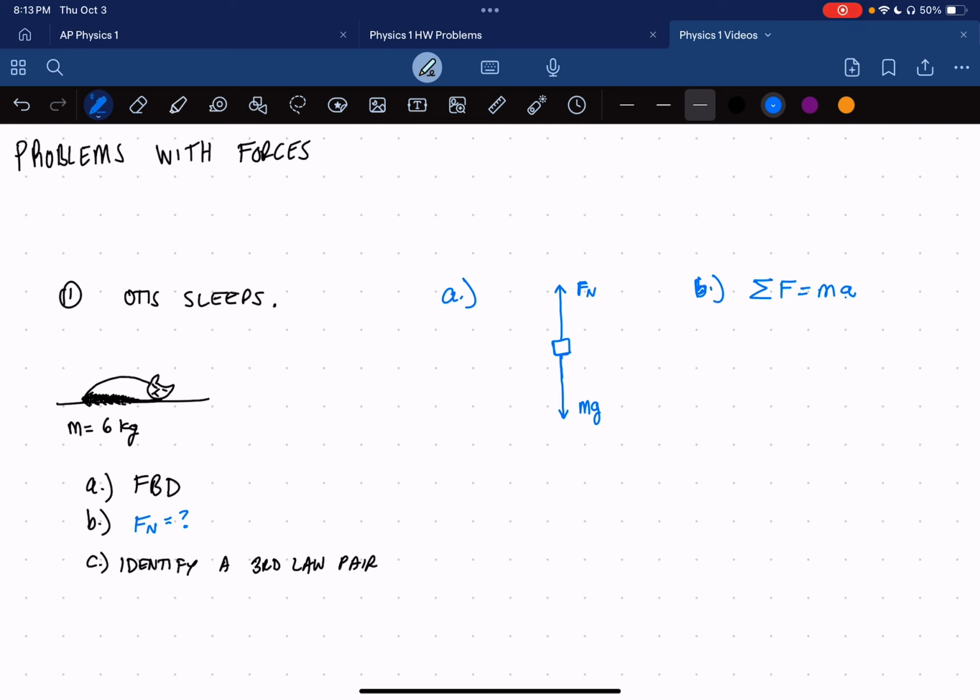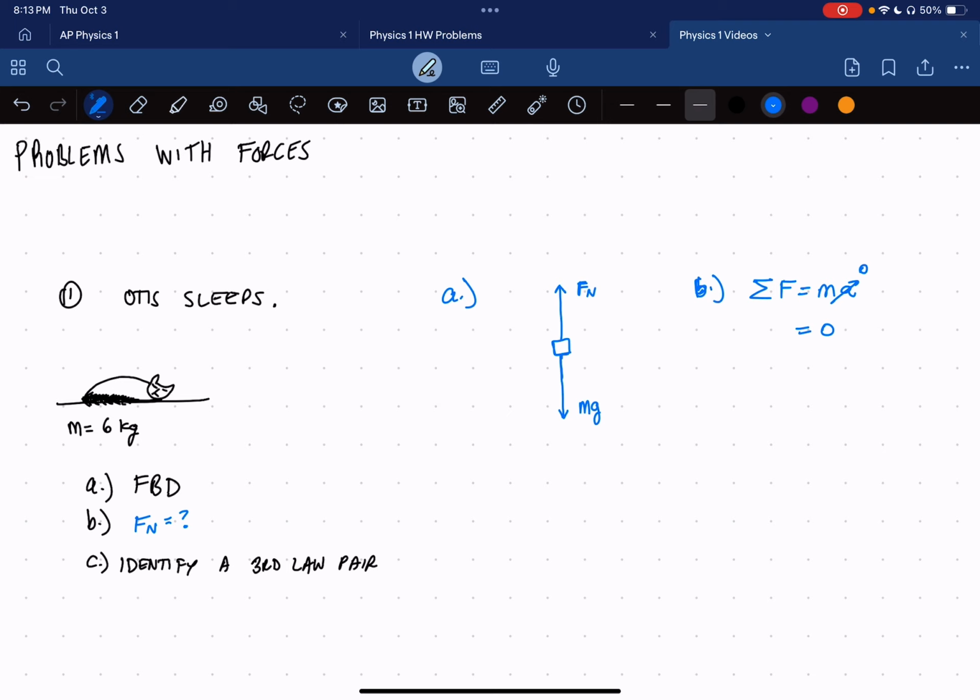Let's start on the right side of the equation. This is mass of Otis times acceleration. But we should ask ourselves, is Otis accelerating? Right? Otis is just sleeping, so clearly Otis is not accelerating. So m times 0 is just 0, and so we're going to replace it like that.